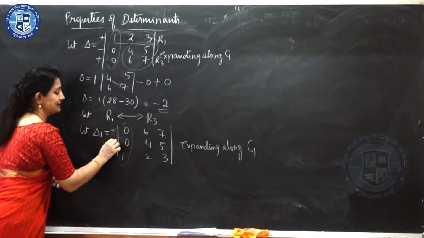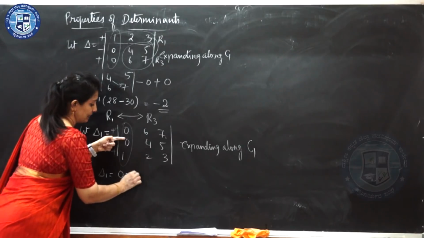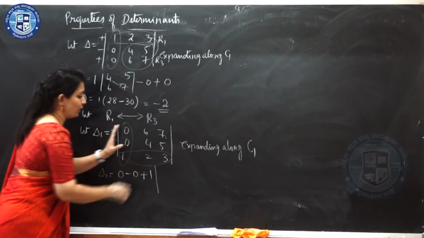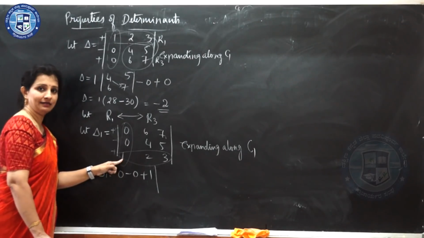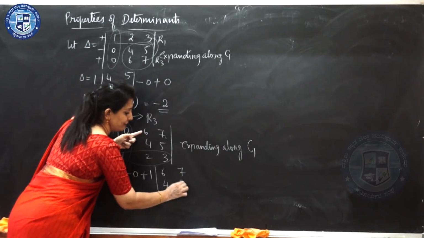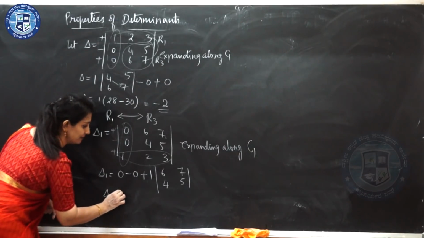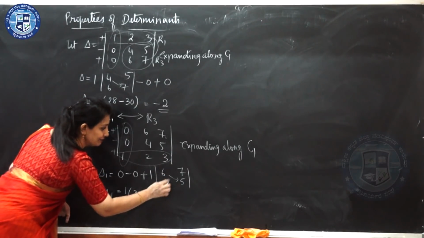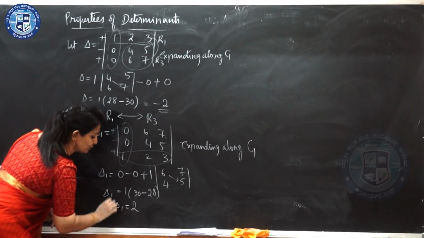We can write this as plus minus plus, delta 1 is equal to, first two are zeros, third element is 1, 1 into, exclude the row and column where 1 lies. So, the remaining elements are 6, 7, 4, 5, isn't it? 6, 7, 4, 5. Now, what is the value of this delta 1? Cross multiply 1 into 30 minus 4 7s are 28. Delta 1 is equal to plus 2.